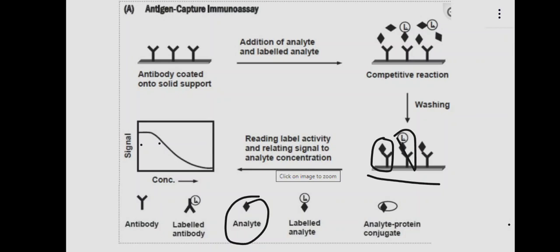So as the concentration of the analyte increases, the proportion of the labeled analyte that binds decreases, and therefore we get that drop of activity or signal as the concentration of the analyte increases. That making sense?